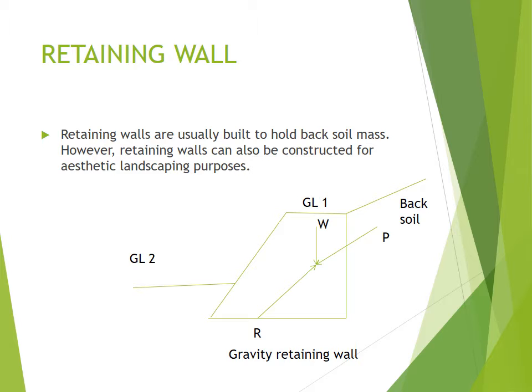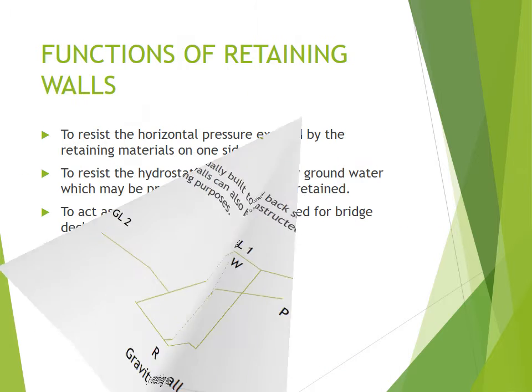Then we have the back soil, the pressure due to the back soil, the pressure due to self-weight, and also the resultant pressure due to the ground soil where the retaining wall is constructed.